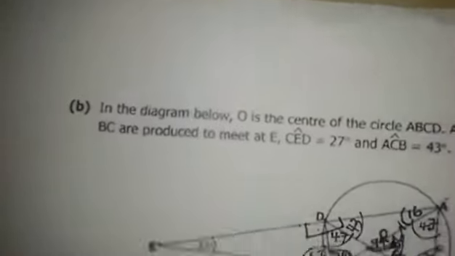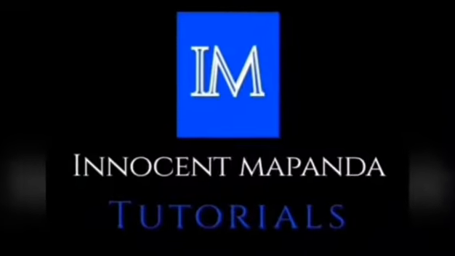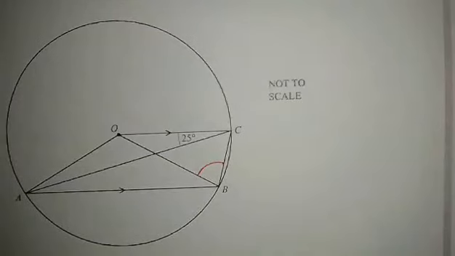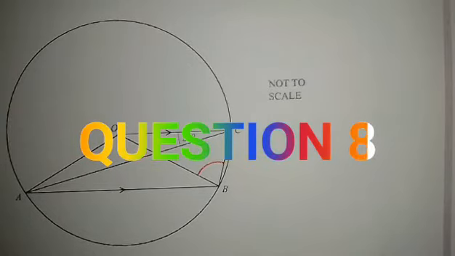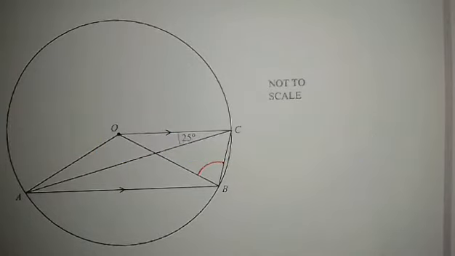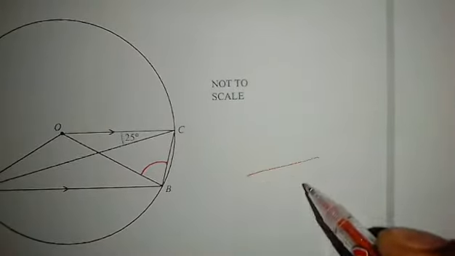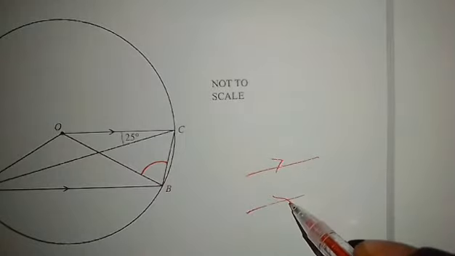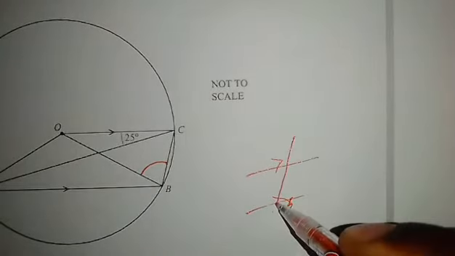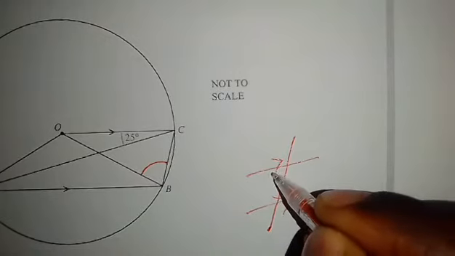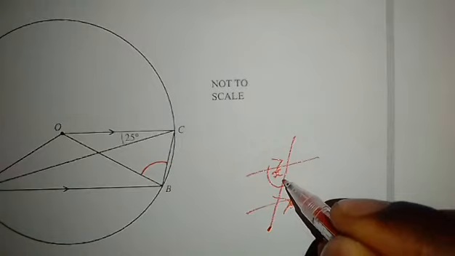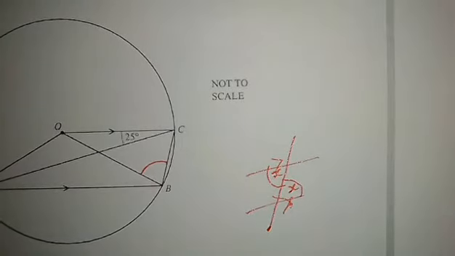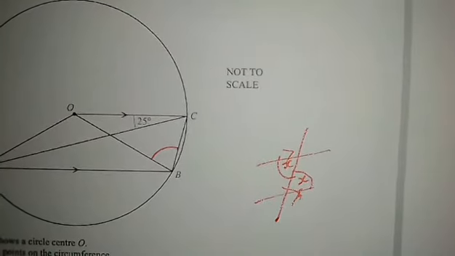Right, I hope you are listening, class. So we are now moving on. Those arrows indicate that line OC and line OB are parallel lines. So it means we can apply Z angles. What are Z angles? If you have two lines moving in the same direction, and you have a transversal line, it means that this angle, if it is X, this angle is also X. We refer to them as Z angles or alternate angles.